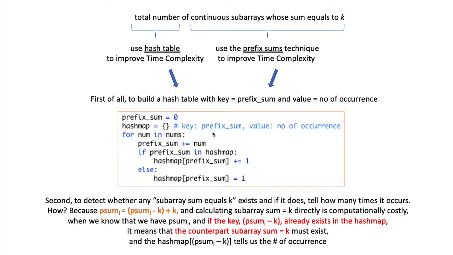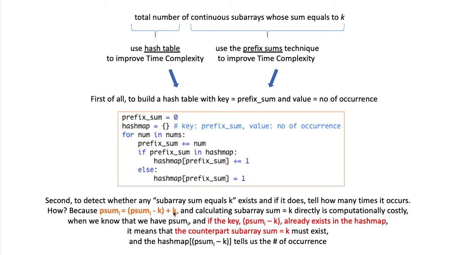Therefore, we can build a hash table with a key equal to the prefix sum and the value equal to the number of occurrences. In addition, to detect whether any subarray sum equal to k exists, and how many times it exists, we can use the property that prefix sum i equals prefix sum i minus k, plus k.